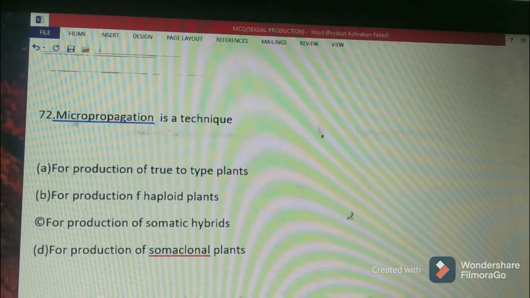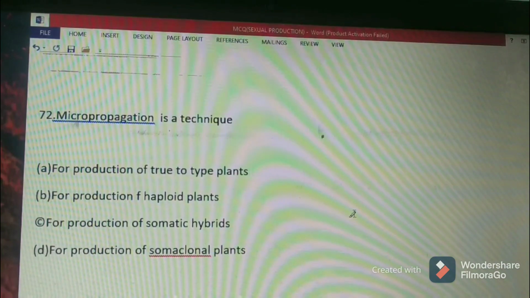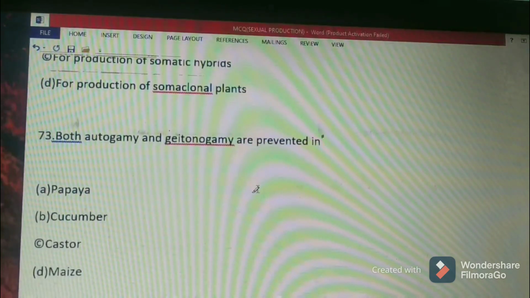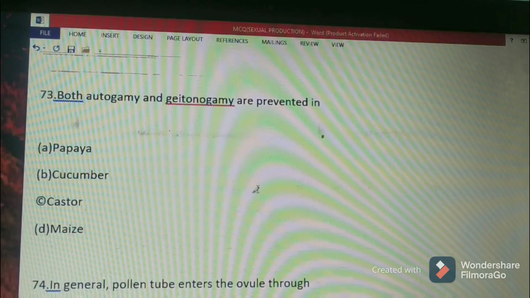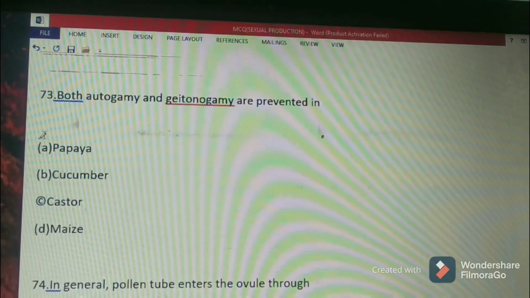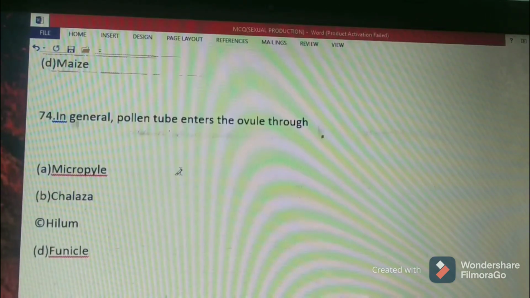Micropropagation is a technique for production of true plants. Both autogamy and geitonogamy are prevented in papaya. In general, pollen tubes enter the ovule through micropyle.